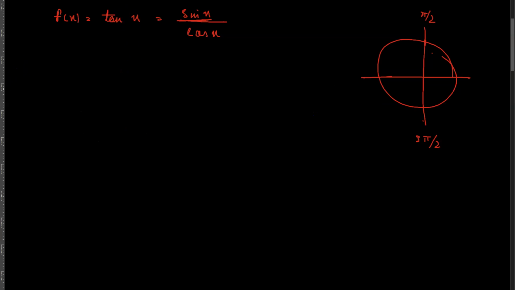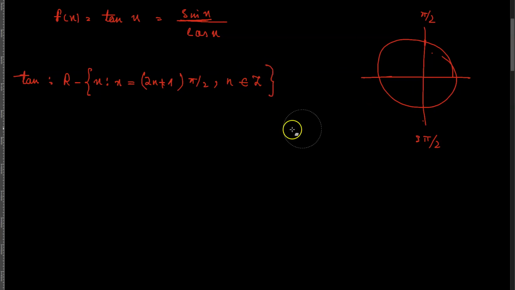So the tan function is a function from the set of real numbers minus all of the odd multiples of pi by 2, all x such that x is equal to 2n plus 1 times pi by 2, where n belongs to the set of integers, right? So that is the domain of your function.